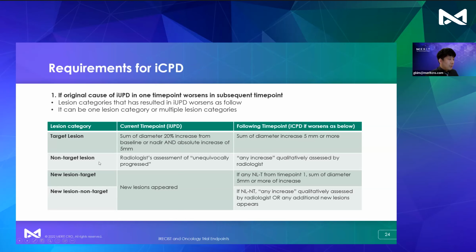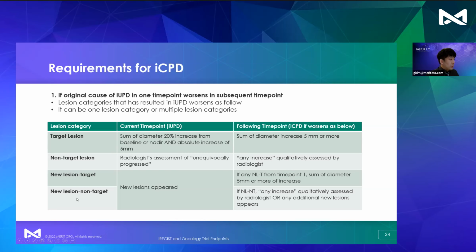For the non-target lesions, if the non-target lesion has caused the IUPD at the original time point, which is an unequivocal progression, then at the next time point, if there is any increase in the same non-target lesion group as seen qualitatively by the reader, that is a condition to trigger the ICPD.